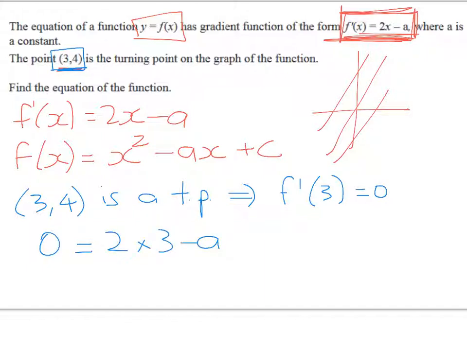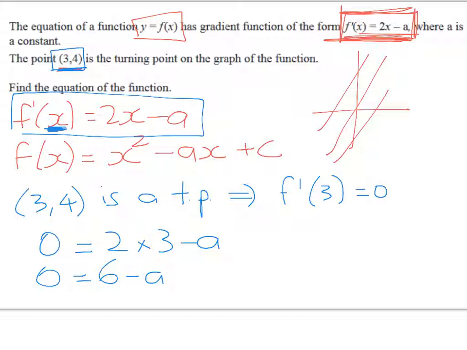What I'm doing there is substituting x equals 3 into the gradient function, and we know it must be 0 because it's a turning point. That gives me 0 equals 6 minus a, so a equals 6.